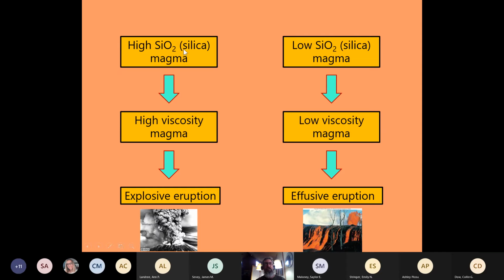Well, now we're getting into somewhat familiar territory because we have names for silica rich magmas and silica poor magmas. Those names, we've been trying to drill them into y'all's heads, but it is felsic and mafic. And we also know that mafic rocks tend to be dark color and felsic rocks tend to be light color. So let's just look at the color of these rocks that are hardening.